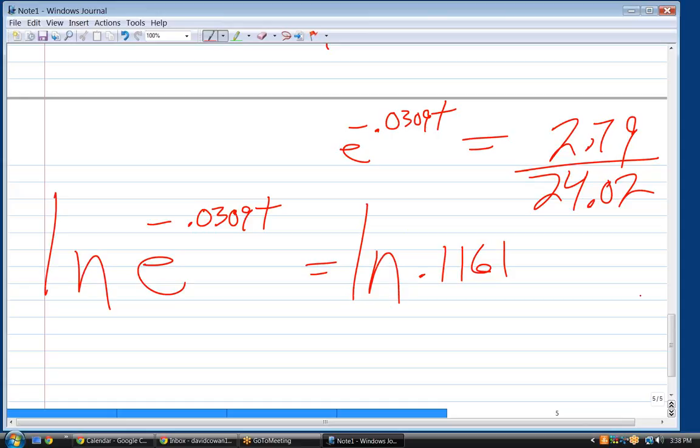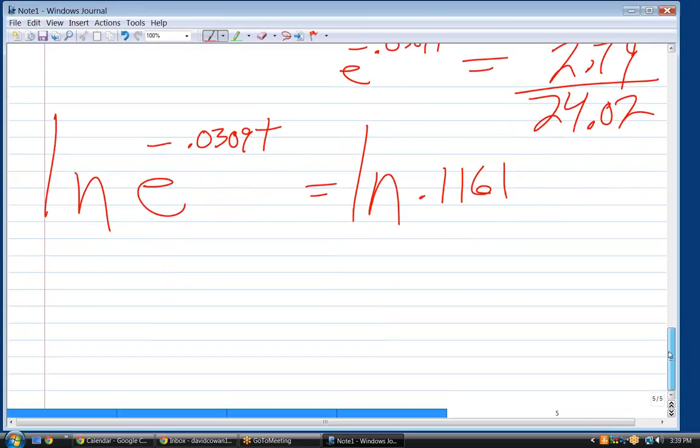Now, once I've taken the natural log of the left, because natural log is base e, and because log base b of b to an exponent is equal to that exponent, the whole left side simplifies to the exponent.